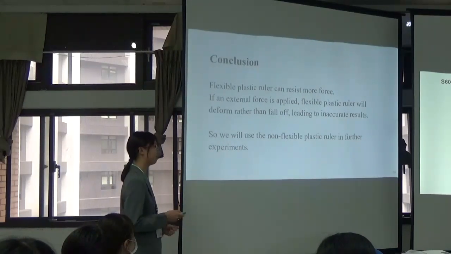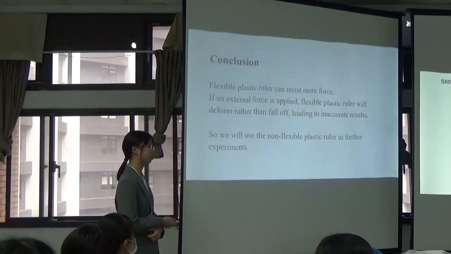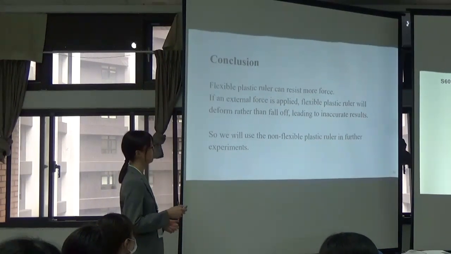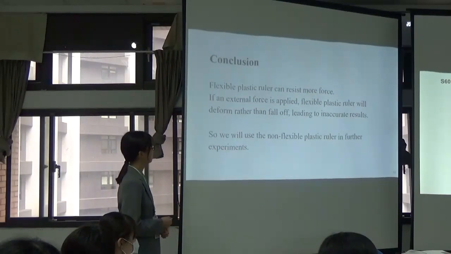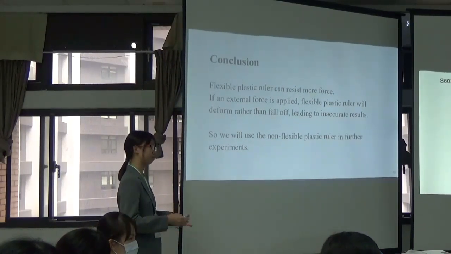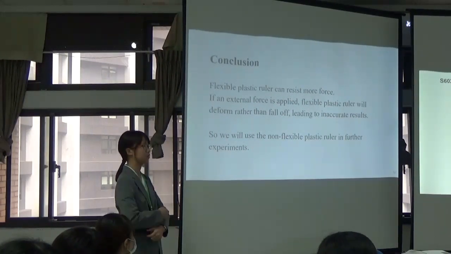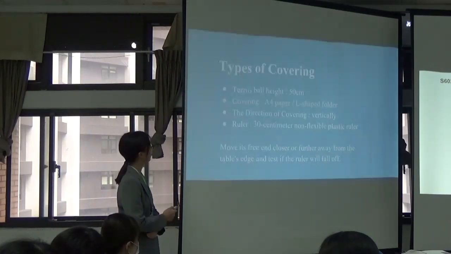So we can see that the flexible plastic ruler can resist more force. But we think that might be because when an external force is applied, the flexible ruler would deform rather than fall off, and we can't control how much it deforms. So that might lead to inaccurate results. So we will use the non-flexible plastic ruler in the further experiments.